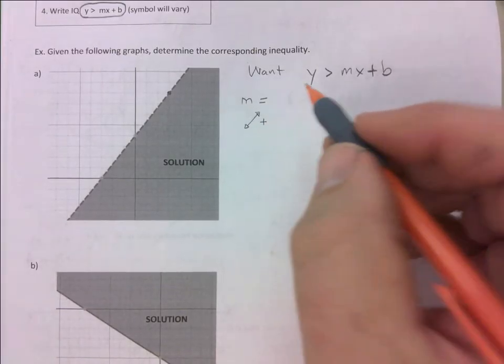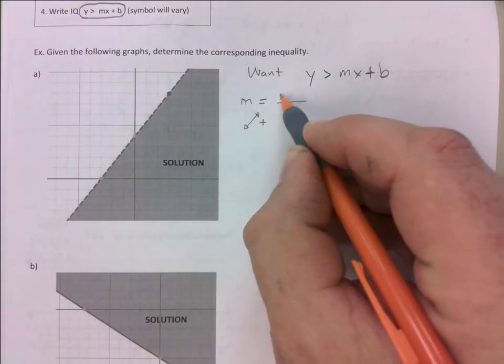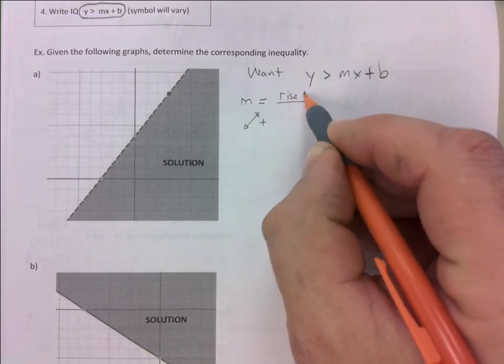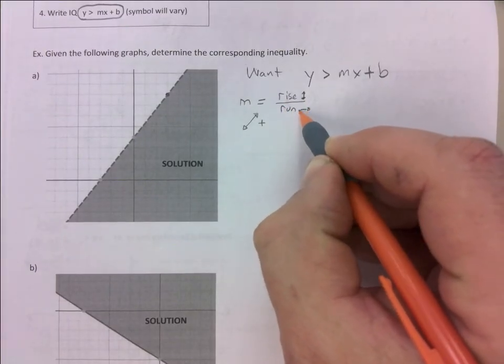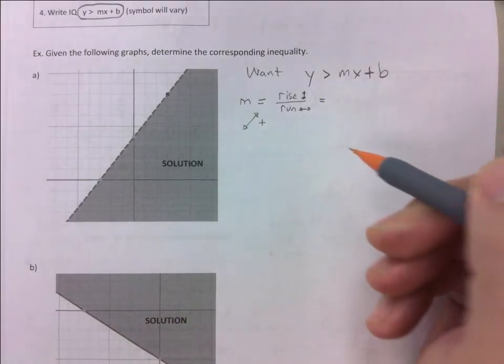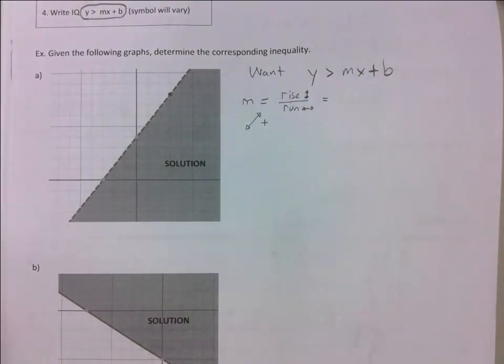Positive. So you're going to figure out the rise, the change in the vertical, and the run, the change in the horizontal. And what's the best way to do that? In my opinion, pick 2 points on the line where it perfectly crosses the grid.